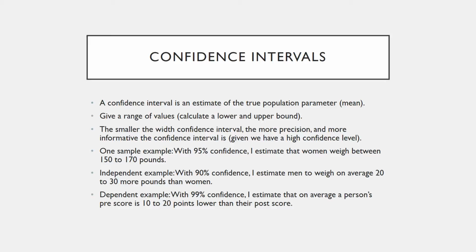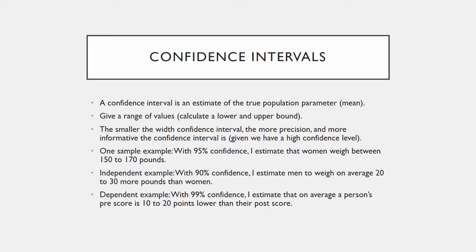And then a dependent example would be with 99% confidence, I estimate on average a person's pre-score is 10 to 20 points lower than their post-score. We're still comparing kind of two things here, but now, in this example, we had a repeated measure design, meaning the same person took the test twice. And so now we're comparing within person.